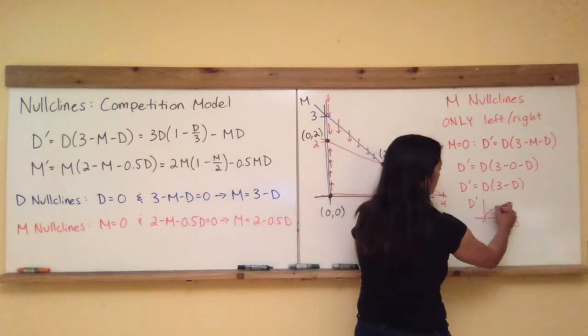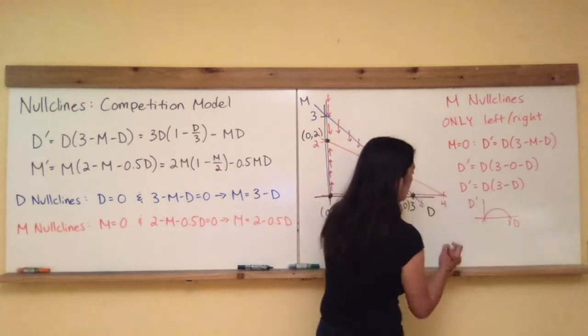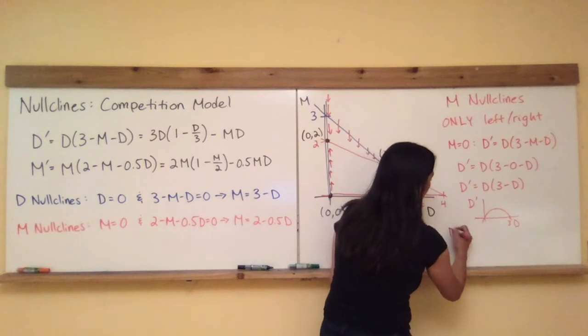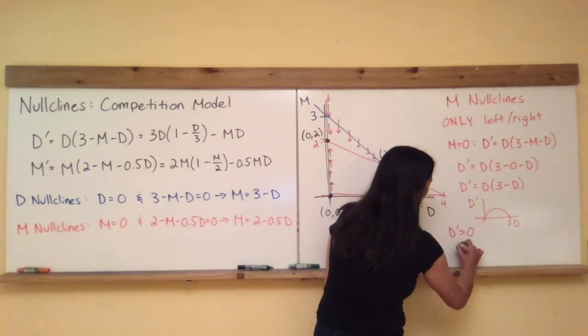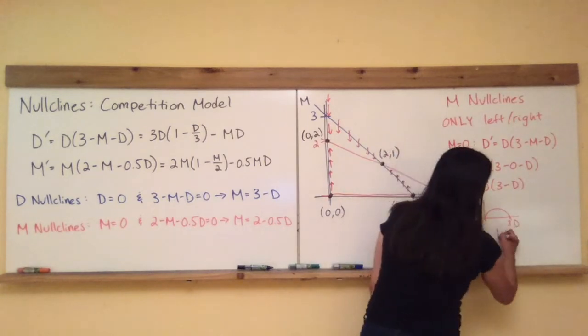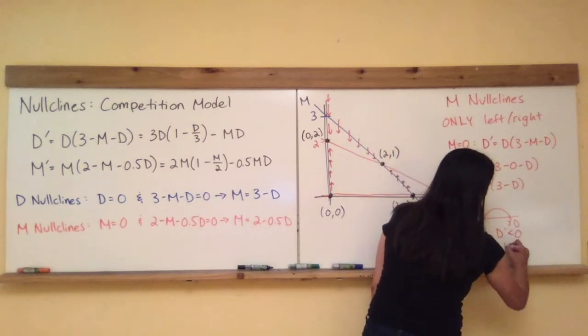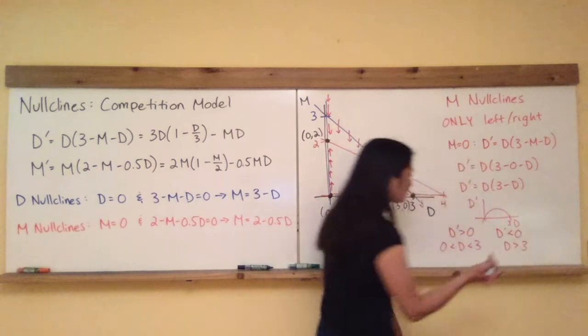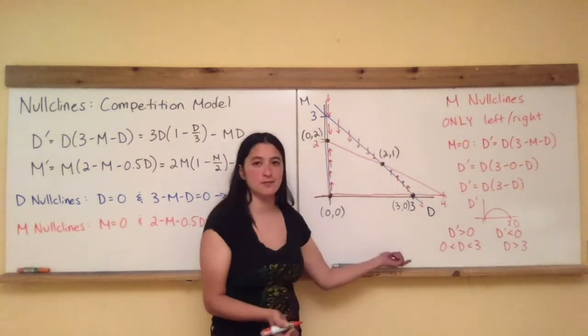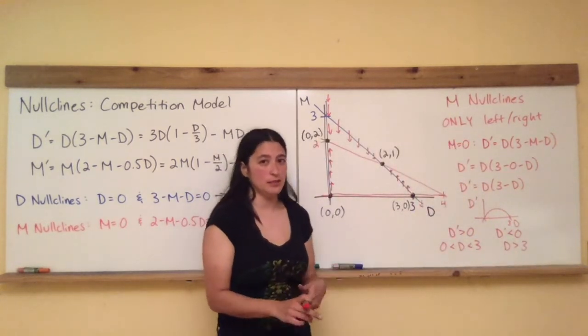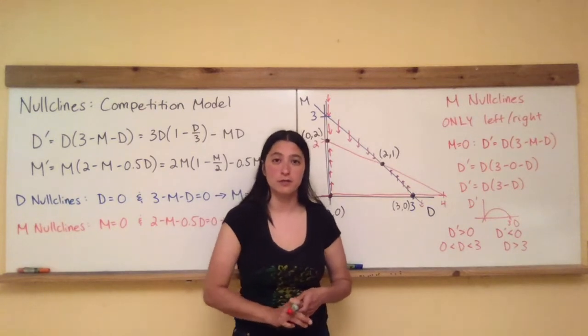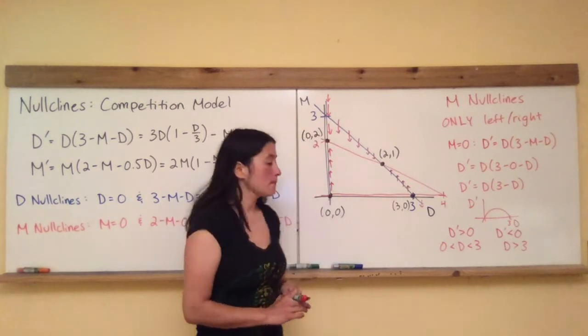And it's a down-facing parabola with roots at 0 and 3. And so it tells me that D prime is greater than 0 when D is less than 3 and greater than 0. And D prime is less than 0 when D is greater than 3. Of course, there's no need to analyze this for values of D less than 0 because this is an ecological model and we're only working in the first quadrant.